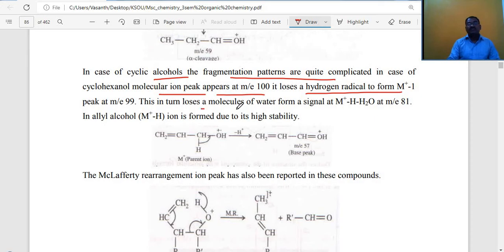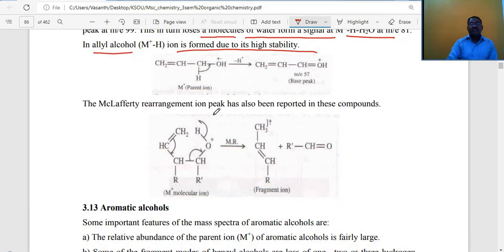This in turn loses a molecule of water to form a signal at M-H2O at 81. In allyl alcohol, the ion is formed due to its high stability. A McLafferty rearrangement ion peak is also reported in that molecule.